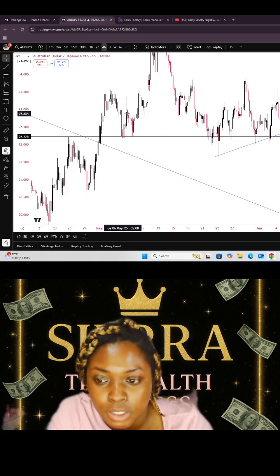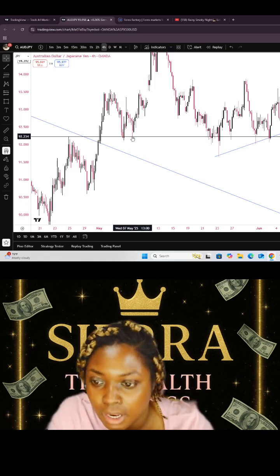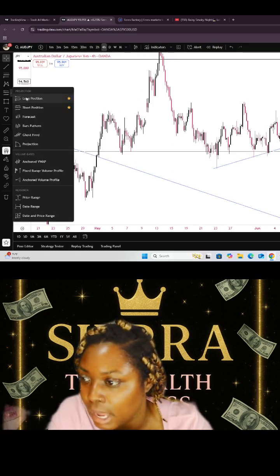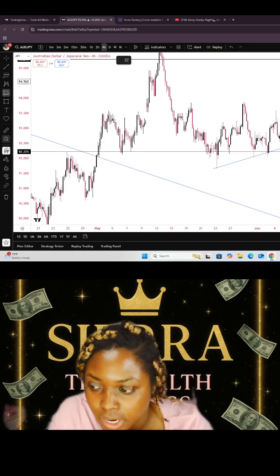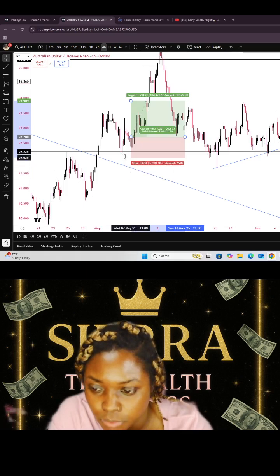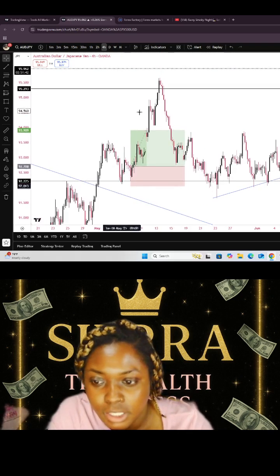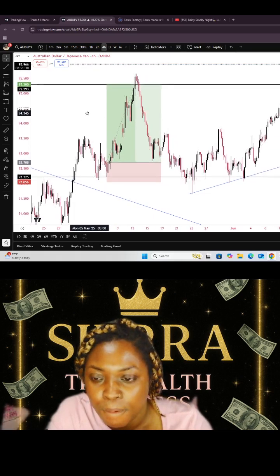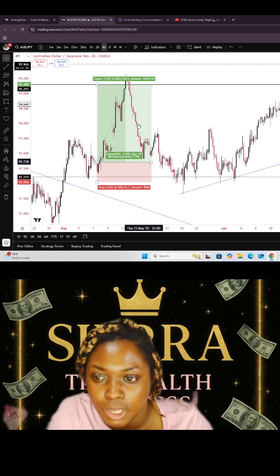Third confluence retested again, left us with a pin bar. At this point, we're in the trade. That was our third confluence. We get in at the top of that pin bar. Stop loss at our last rejection point here near the zone. TP at our next zone. TP hit.